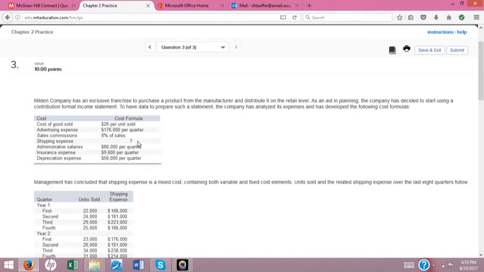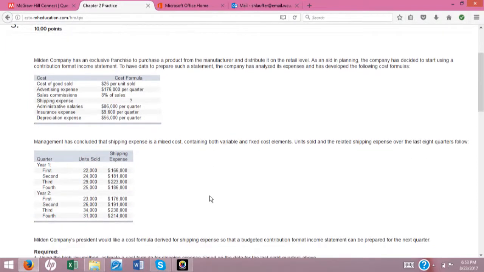There is one unknown here, and that is their shipping expense, which is going to be part of what we have to figure out. And it says management has included that shipping expense, that we don't know how much it is, as a mixed cost containing variable and fixed cost. And they're giving us some units sold and some shipping expenses.